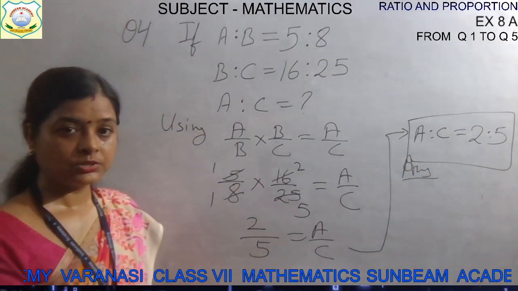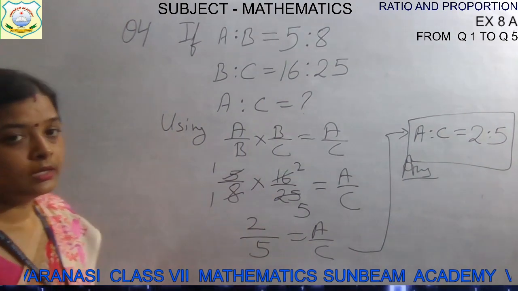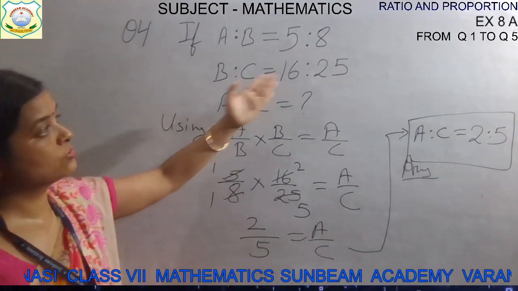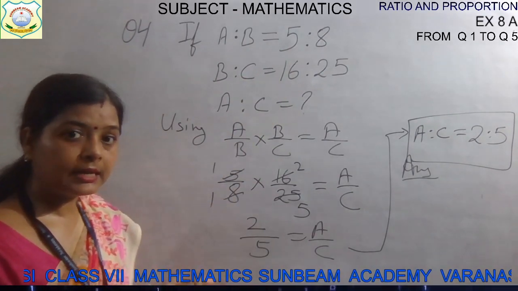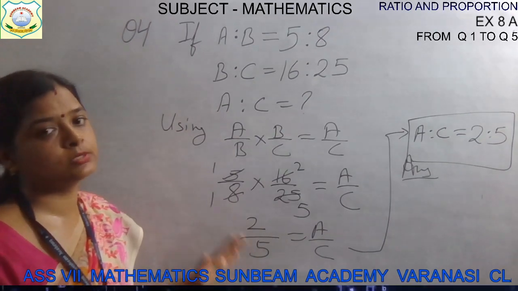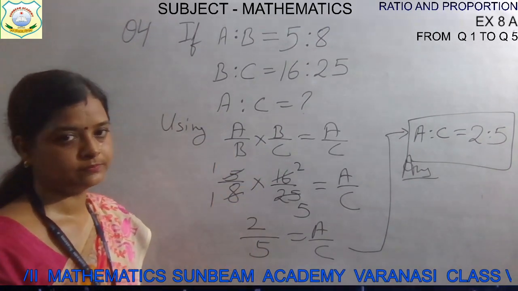Clear? So in this way, you can solve such types of questions. If A is to B is given, B is to C is also given, and they are asking what A is to C is, then you can use this process.